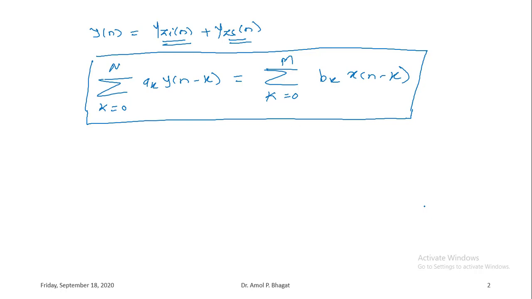You can also use the Z transform approach to identify the total response of the system, which is called the indirect method. Basically the goal is to determine the output y of n for n greater than or equal to 0, given a specific input x of n for n greater than or equal to 0 and a set of initial conditions.